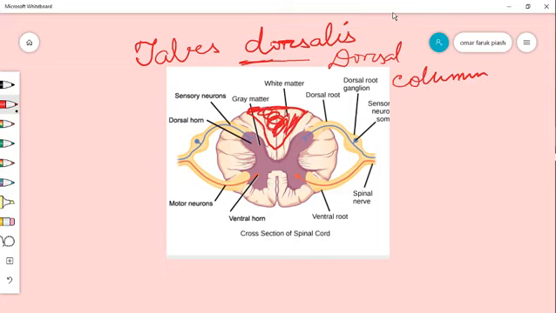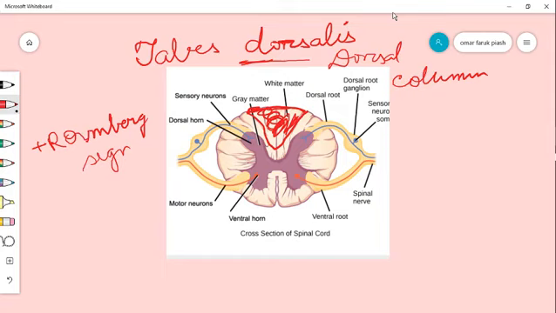As the dorsal column is involved, fine touch and proprioception are lost, and there is a positive Romberg sign. Sometimes gait ataxia is also present.